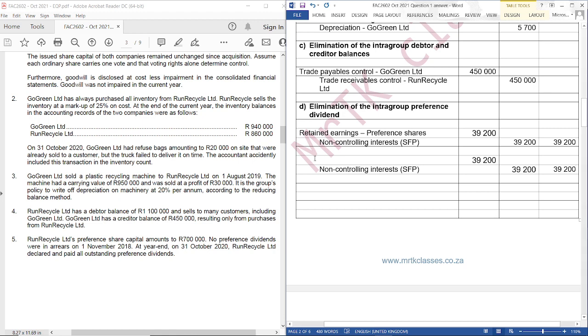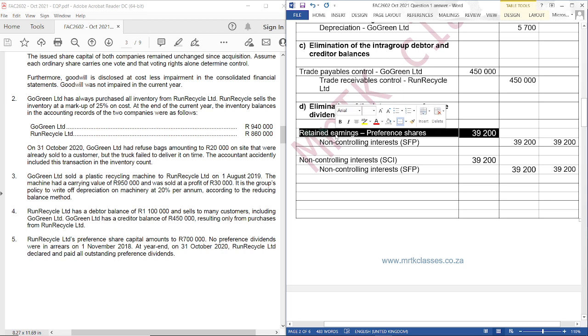Then this is non-controlling interest in the statement of profit or loss and other comprehensive income, because it is in the current financial year. This one is in the previous financial year, right?